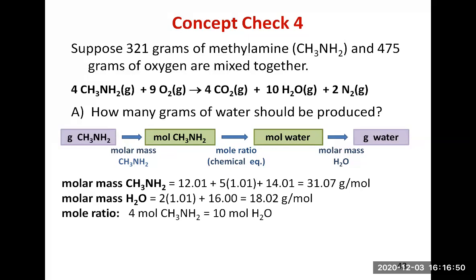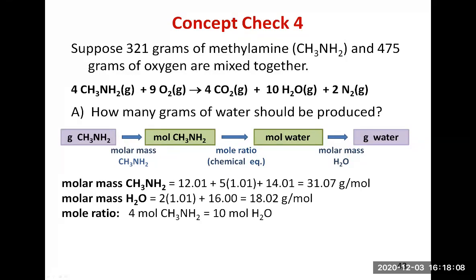So the chemical equation here shows us that from 4 moles of methylamine, we can make 10 moles of water. So 4 moles of methylamine will produce 10 moles of water. So that's the mole ratio we will need in this case. You only use the coefficients that are useful here and that are connected to the reactant and the product that are in the question.